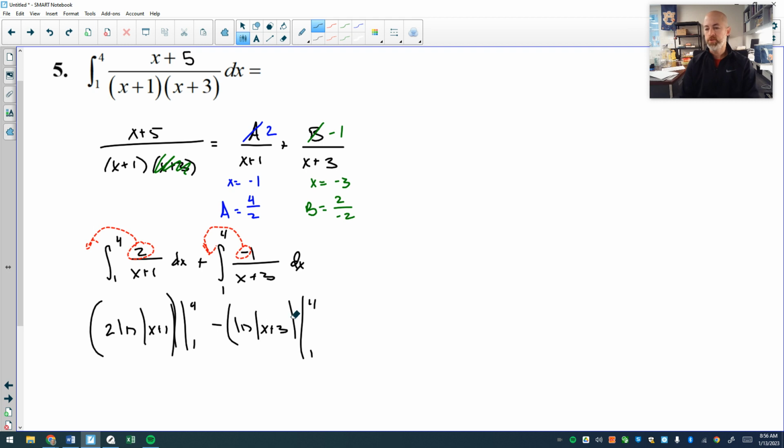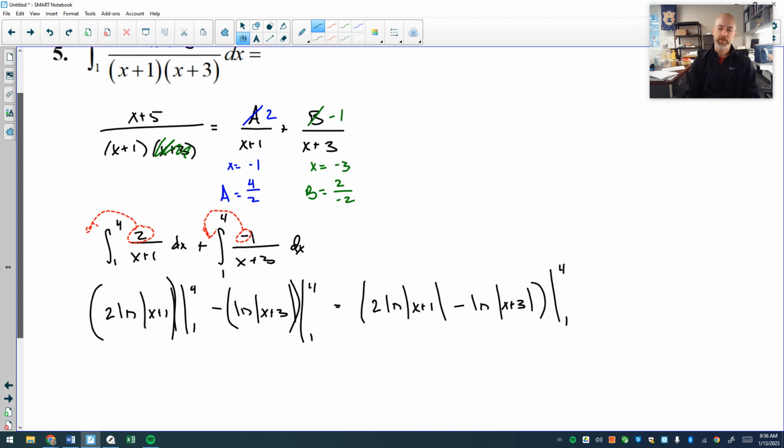And to make this a little bit cleaner, since I'm evaluating them both from 1 to 4, I could just do 2 natural log of x plus 1 minus natural log of x plus 3, evaluate that whole thing from 1 to 4, and it makes the simplifying a little bit easier.